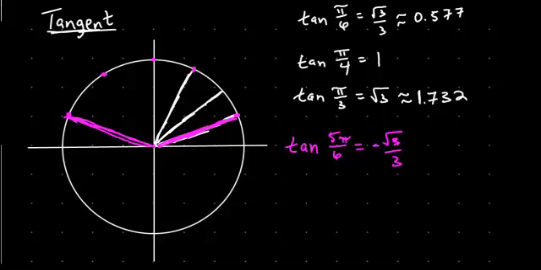Okay, let me arbitrarily pick another one. Let's say the tangent of 5 pi over 3. To do my counting around the unit circle, I'm going to think of that as 10 pi over 6. So that's going to be 1 pi over 6, 2 pi over 6, 3 pi over 6, 4 pi over 6, 5 pi over 6, 6 pi over 6, 7 pi over 6, 8 pi over 6, 9 pi over 6, 10 pi over 6.